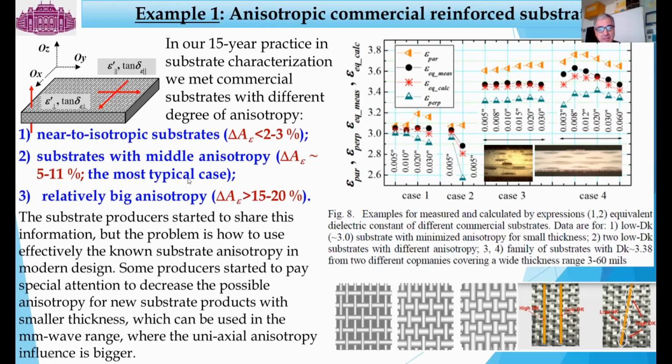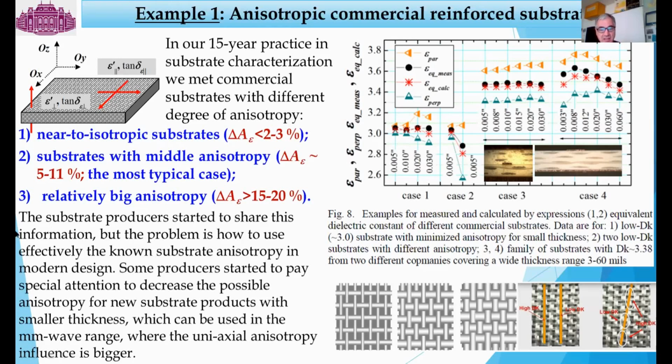However, the most typical case is substrates with middle anisotropy, between 5 to 11%, the difference between the parallel and perpendicular dielectric constant, which is a problem for the designer.